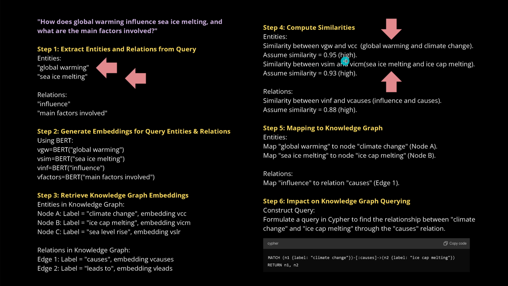They are now really semantically similar. And if we go with sea ice melting and ice cap melting, we also get the highest correlation between those two terms. And sea ice melting is, of course, the term that we used in the query. And ice cap melting is the term that we have available in the knowledge graph.